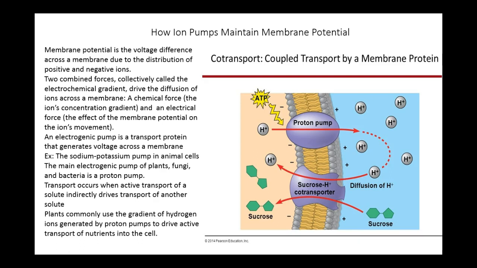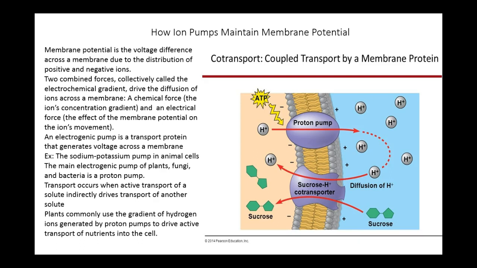So we call this co-transport. It requires energy to actually pump the hydrogen out, but the hydrogen wants to come back in, so there isn't any energy needed to bring the sucrose in then. So this is co-transport, and this is what is called an electrogenic pump.